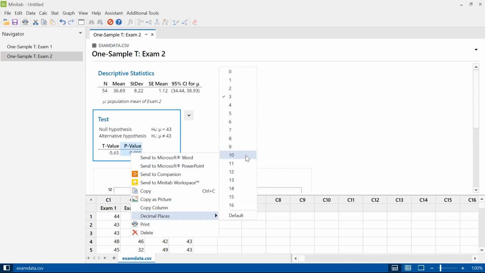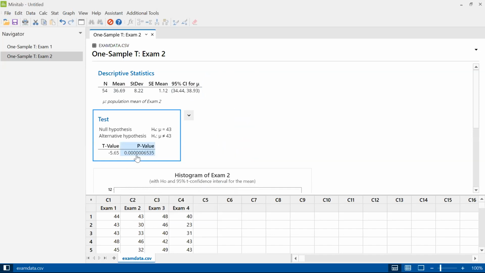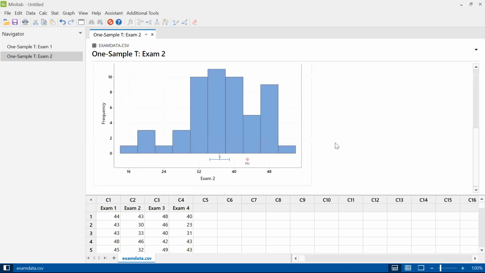Exam 2 is definitely much worse. Our p-value is like 6 zeros before we finally get something. It's a 6 in the 7th decimal place. That's very strong evidence that the students did much worse on exam 2. So for some reason, that exam was much harder for them.